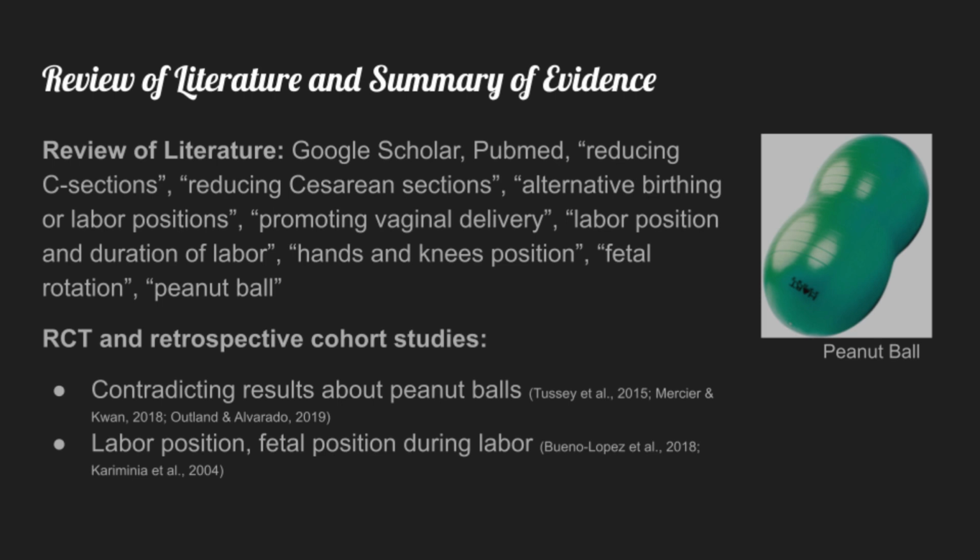The key terms included reducing C-sections and very similarly reducing cesarean sections, alternative birthing or labor positions, which is one of the key things that we will be using throughout this presentation, as you will see in the implementation plan later on, promoting vaginal delivery, labor position and duration of labor, hands and knees position, fetal rotation, and peanut ball, which resulted in a lot of evidence surrounding the use of alternative birthing and labor positions and the reduction of CS, or cesarean sections.